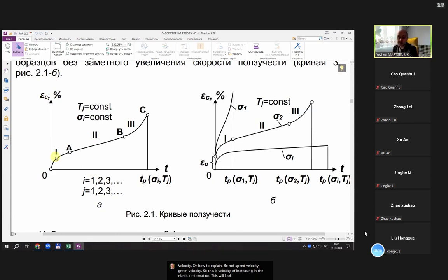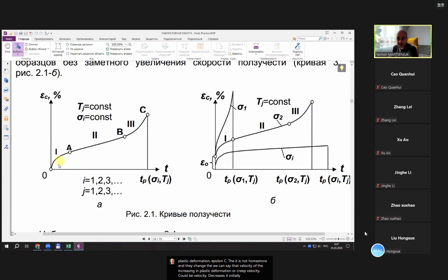This velocity decreases. So the increase in plastic deformation, epsilon c, is not constant and it decreases. We can say that the velocity of the increase in plastic deformation, or creep velocity, decreases.